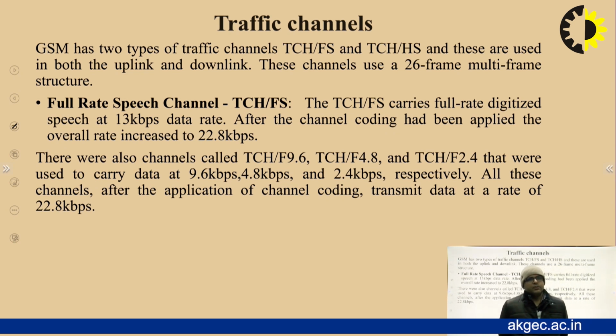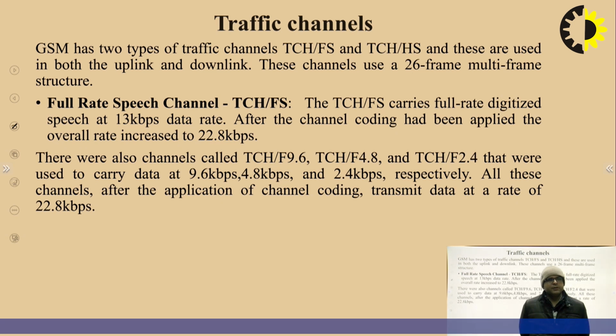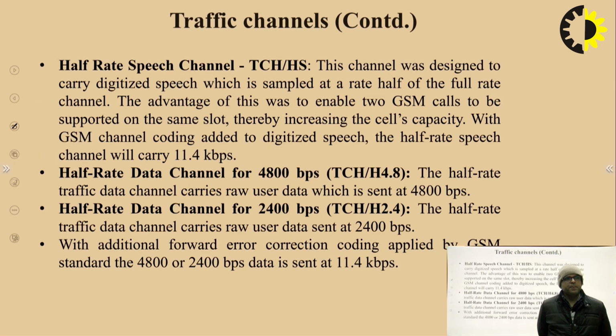After channel coding has been applied, the overall rate increases to 22.8 kbps. Apart from TCH FS, channels known as TCH F 9.6, TCH F 4.8, and TCH F 2.4 are also used, and they carry data at a rate of 9.6 kbps, 4.8 kbps and 2.4 kbps respectively.